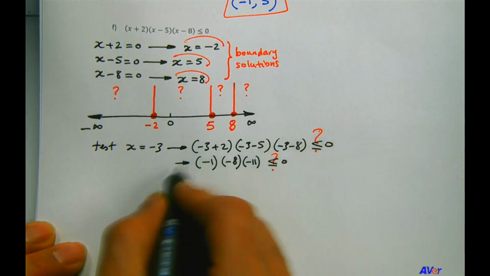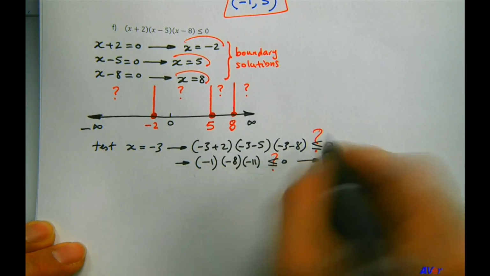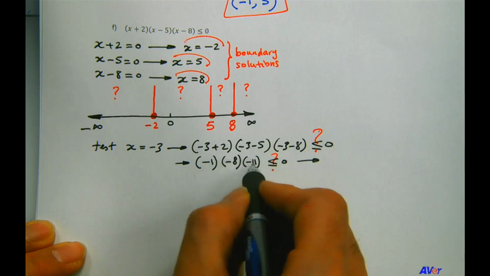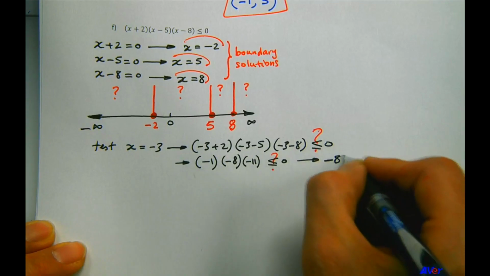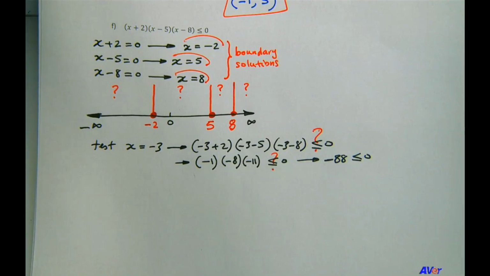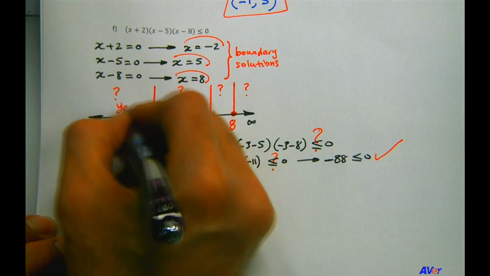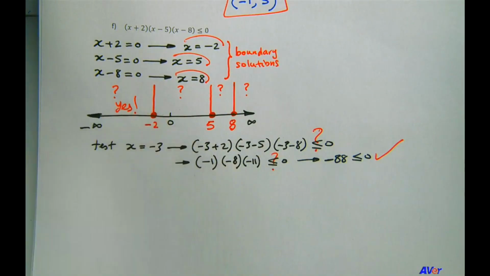Well, all of that means that we have -88, right? -1 times negative times negative is going to give us a negative number. 8 times 11 is 88, so -88 less than or equal to 0. Is -88 less than or equal to 0? Absolutely. So yes, this region is a valid part of our solution.